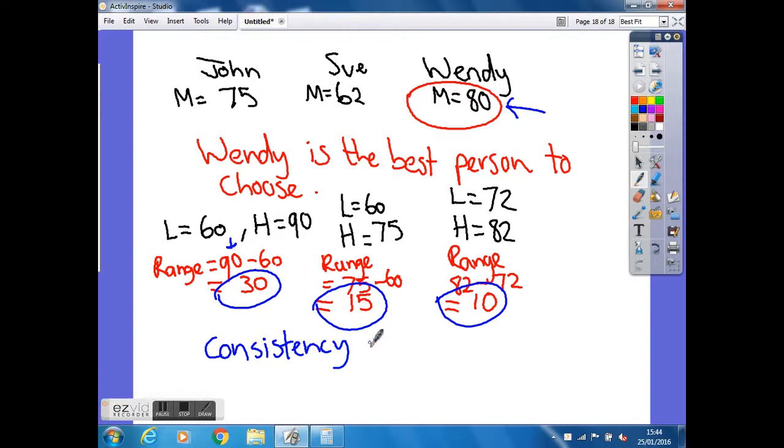Whereas Wendy, you know she's always in this consistent 82 to 72 bracket, and it just happens that she's actually got the highest average from before as well. So that's what you're looking for when you're comparing averages and also range. Average should generally be the highest, and range should be the lowest if you're trying to pick the best person in this example. And that's the end of this tutorial.